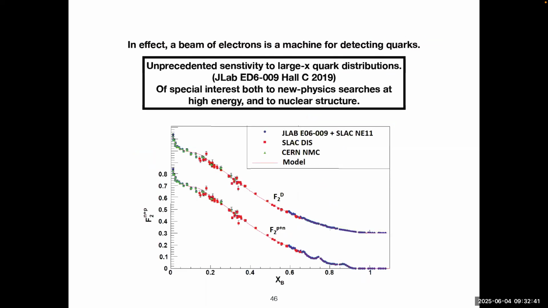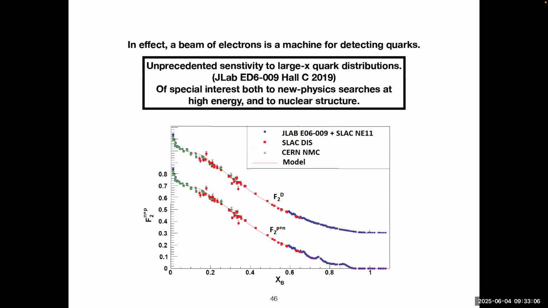So as we've seen, okay, now a bit of comic relief. In effect, a beam of electrons is a machine for detecting quarks, and we talk about large X that I just referred to here. These are typical data, the kind of extremely precise data that you can get from various experiments at moderate values of Q squared.